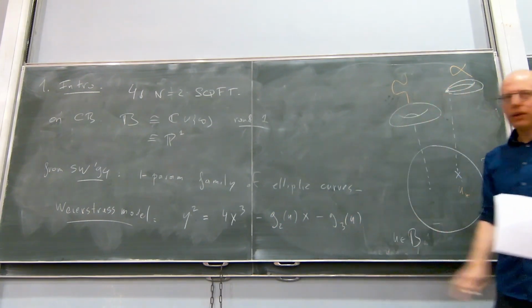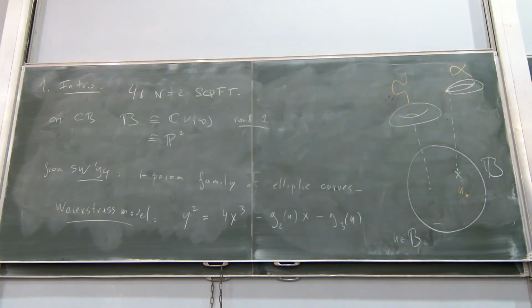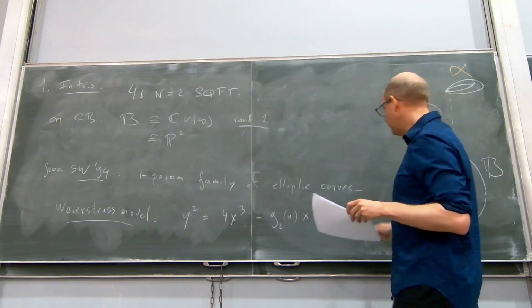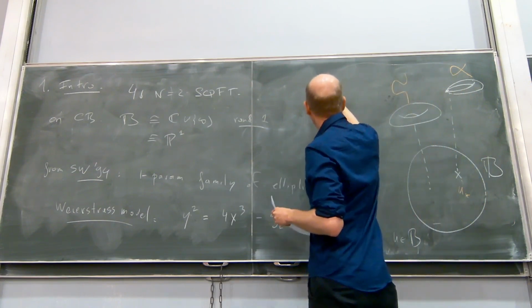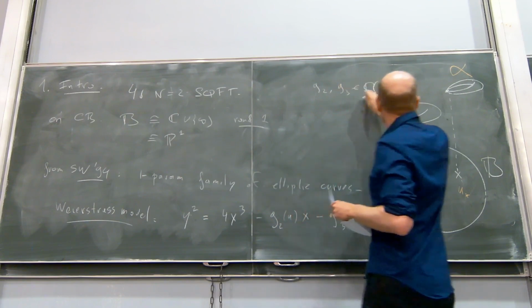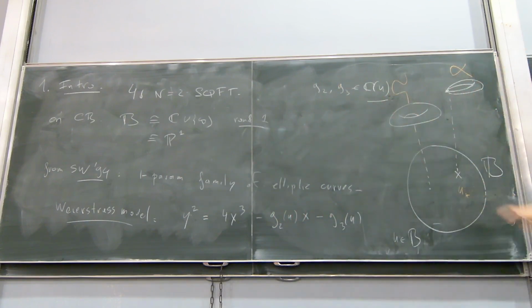And g2 and g3 are rational functions on P^1, on my base here. So g2, g3 are elements of the field of functions on P^1.